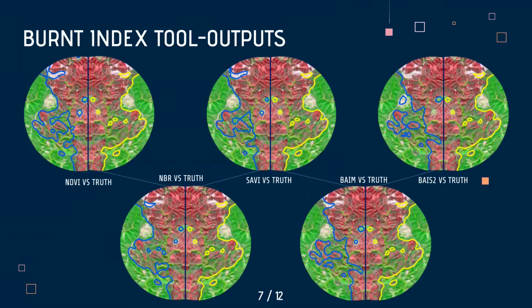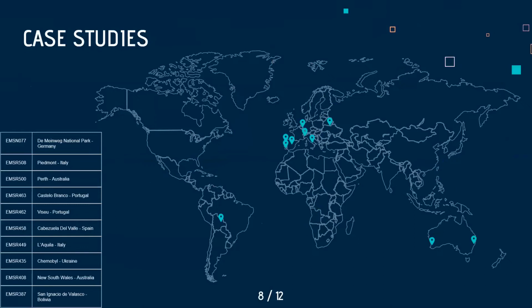You can see on the left side the extraction of each index, and on the right side the ground truth. Our tool was also tested using 10 different case studies derived from rapid mapping and risk and recovery mapping activation list.